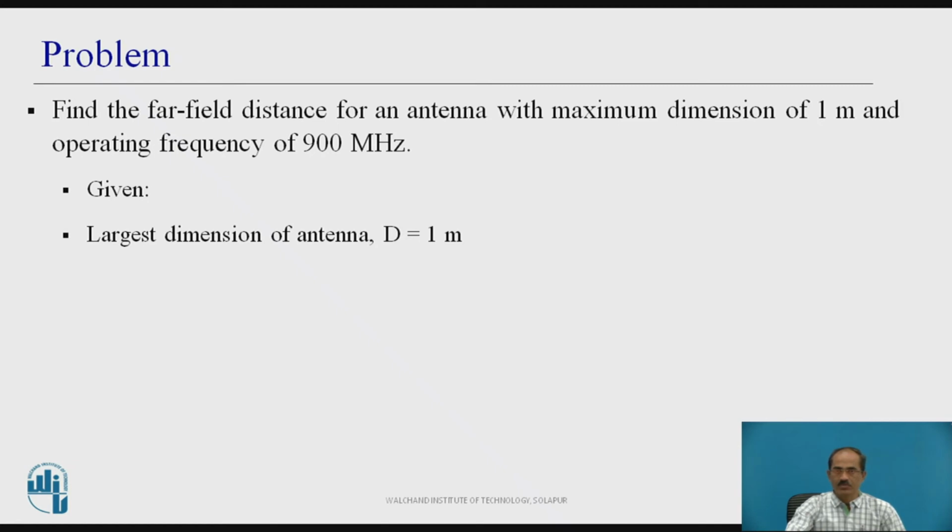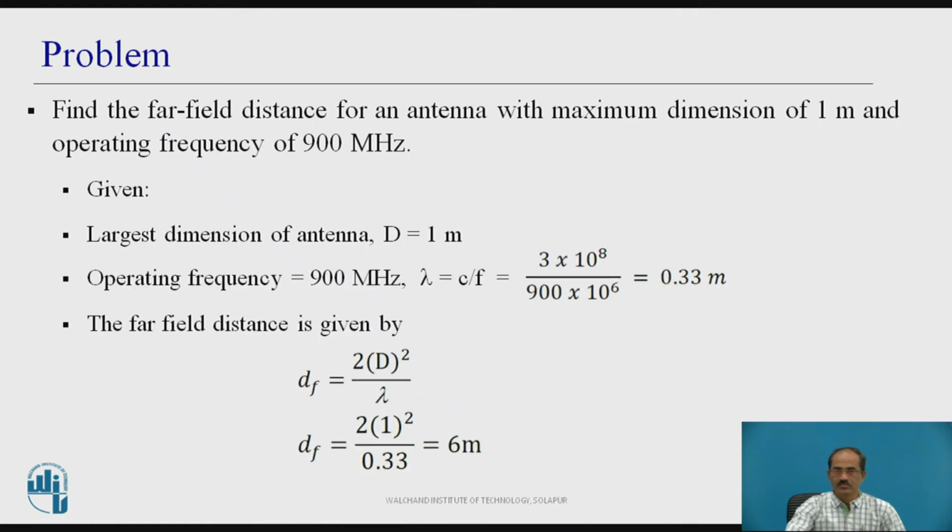Pause the video, and from basic knowledge, can you guess the value of c, the speed of light? I hope you have got an idea. The speed of light is 3 into 10 to the power 8 meter per second.